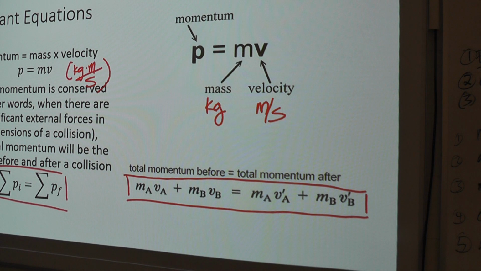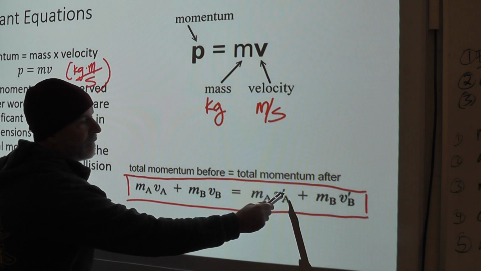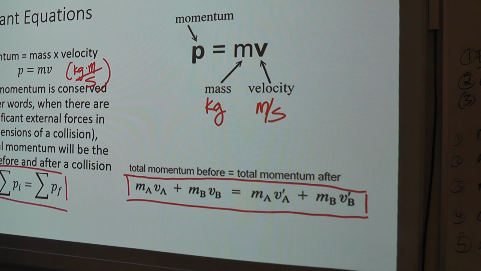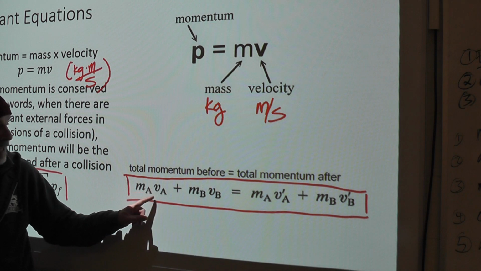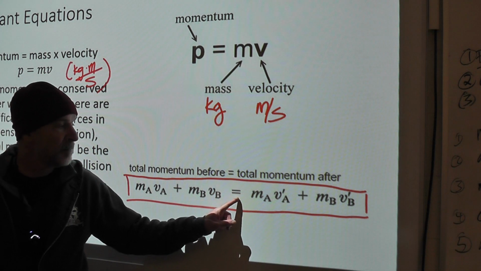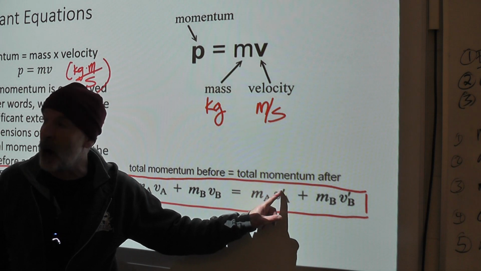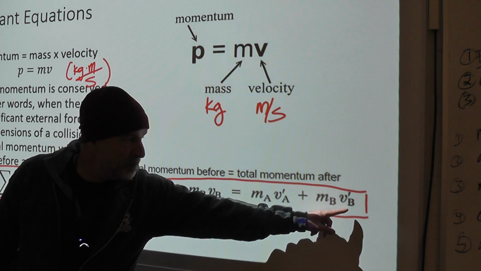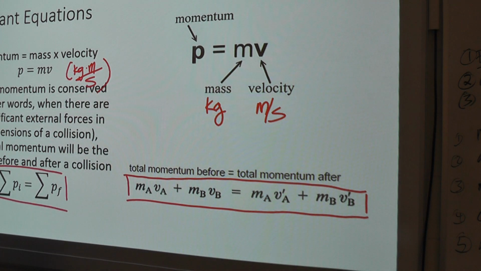Is that a little T? Yeah, that's a tick mark. And the terminology for that is prime. So this would be MAVA plus MBVB equals MAVA prime plus MBVB prime. And we don't have to worry about that stuff right now. But we will later.